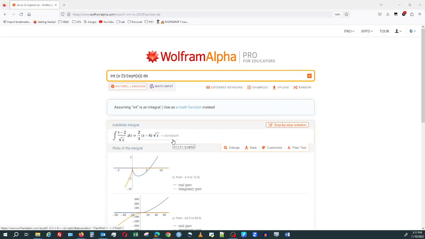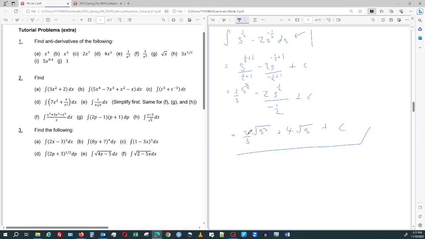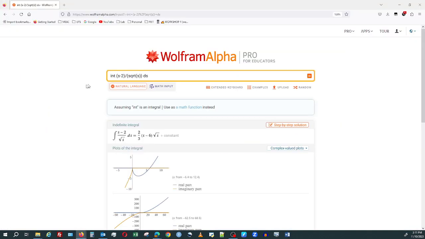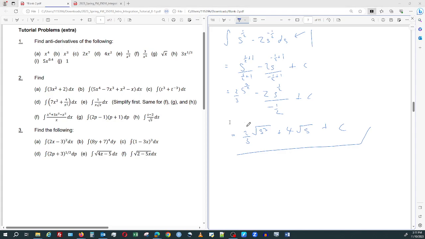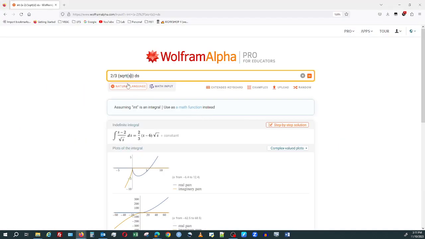So let's just put this together. 2/3 the square root of s cubed. I could do it the long way, but I don't want to do that. 2/3 the square root of s cubed. I'm just going to have a bit of fun here, alright? 2/3 the square root of s cubed, s to the power 2. And what else have we got?